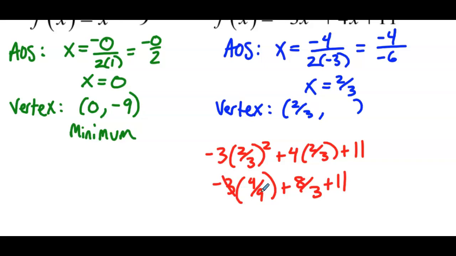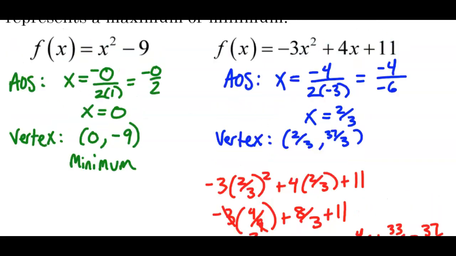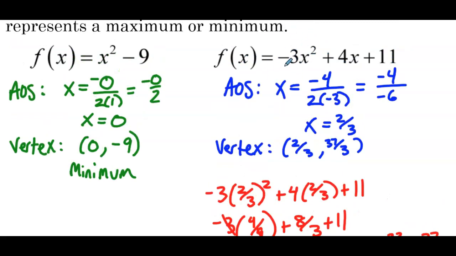So this is going to be negative 4 over 3 plus 8 over 3 plus 11, which is 4/3 plus 33 over 3, which is 37 over 3. And because the leading coefficient, the a value, is negative, that means the parabola opens down, so the vertex is a maximum.